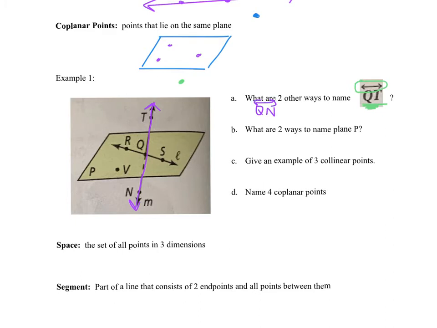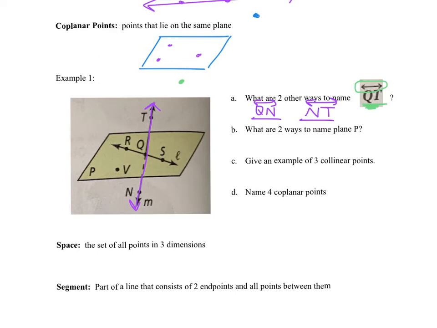It's the exact same line because the arrows mean we keep going, so it's just going to keep going through T, but we're naming it line QN. And maybe you then could come up with the third one. I'll give you a second to think about that. Right, line NT would be your other one. And if you say NQ or TN, that's the same naming, just in different order. So you want to pick different points, not just flip the order of your letters.